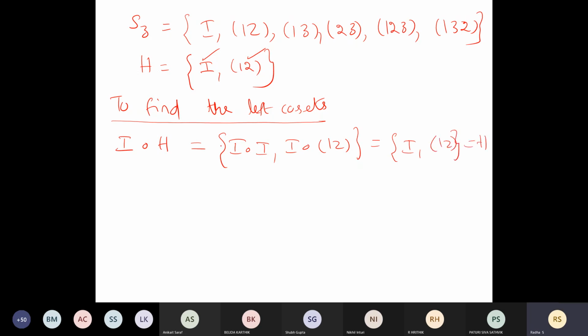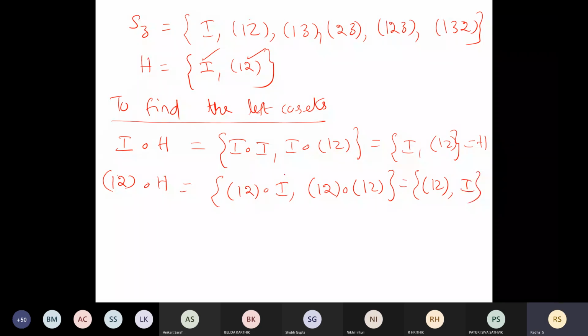That is H. Then I go with (1 2) composition H, that means (1 2) composition I, comma (1 2) composition (1 2). (1 2) composition I is (1 2) again. What is (1 2) composition (1 2)? I.